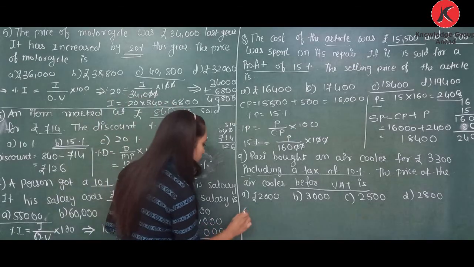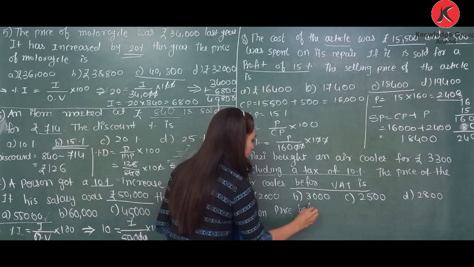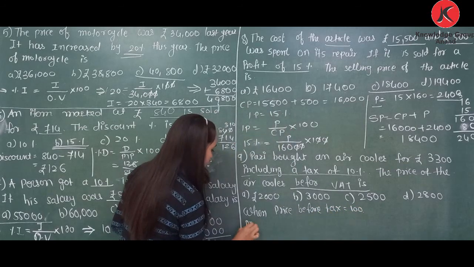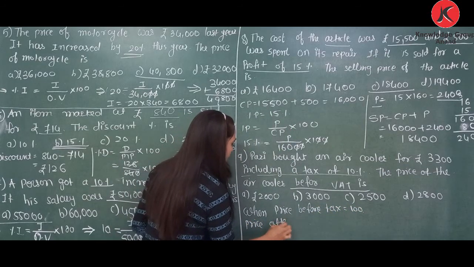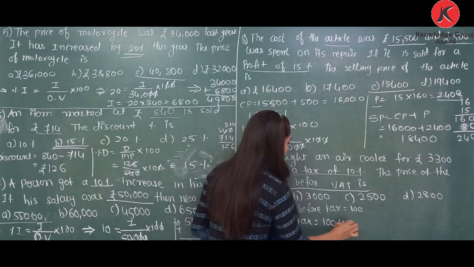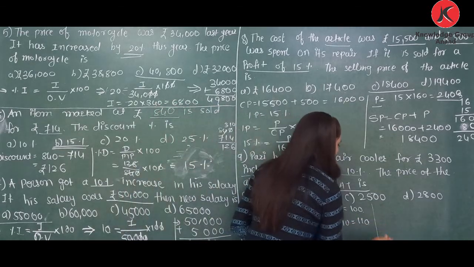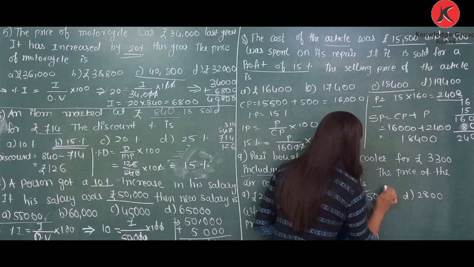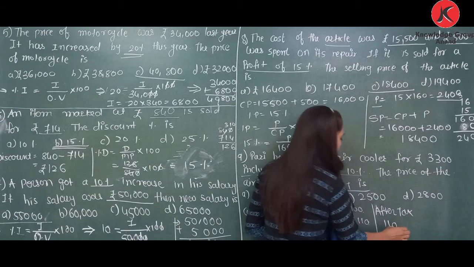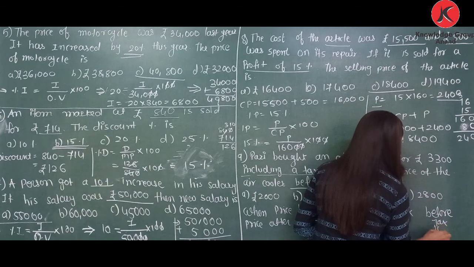So we can write that when price before tax is 100, price after tax is 100 plus 10, that is 110. So we can write when price after tax is 110, before tax is 100.